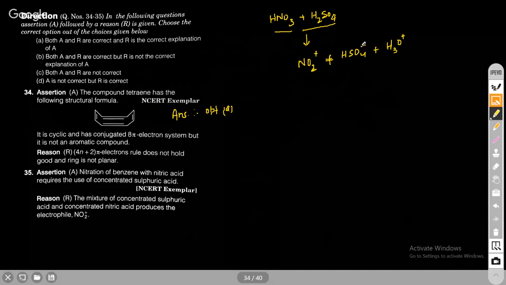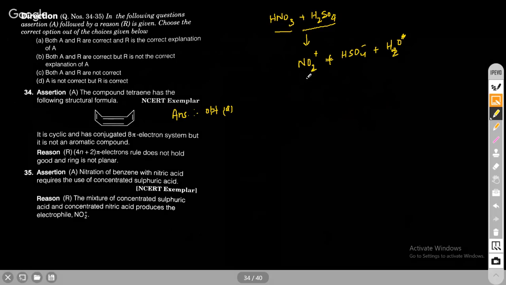If you want to write the balanced equation, OH minus from NO2 and H plus from this will give H2O. So this NO2 plus is nothing but the electrophile.